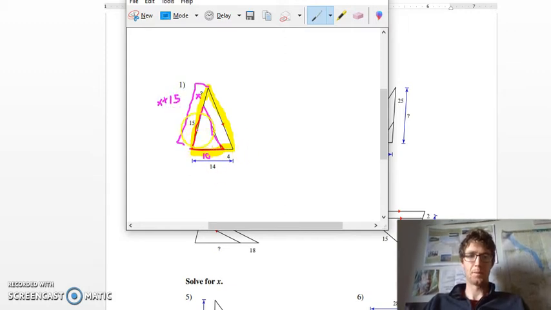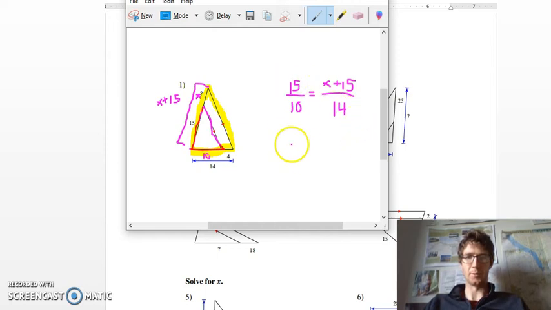Okay. So 15 is proportional to 10. So we could say 15 over 10 would be equal to x plus 15 over, I guess 14 is the whole thing.